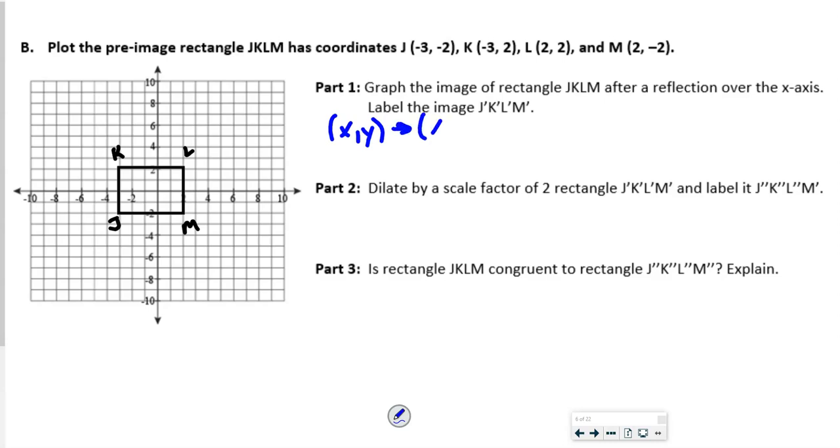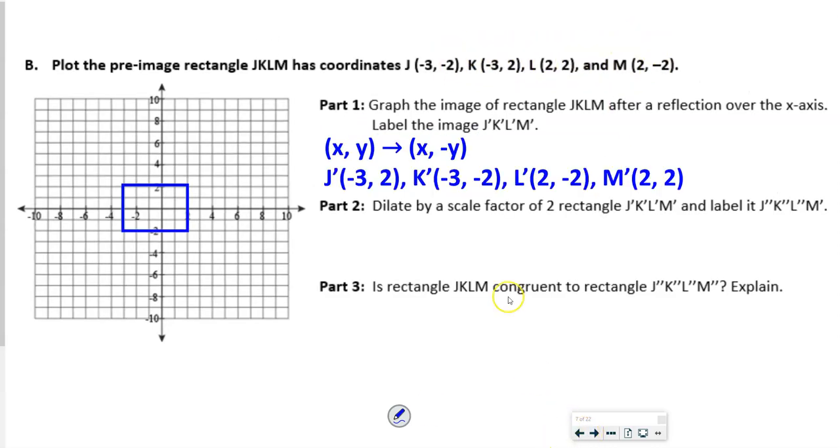So this is going to be x, -y. So that just means we're going to change the signs of all these y's, okay? So we did that. We got this -2 became a +2. That +2 became a -2, and so on. So now we have J, K, L, and M prime, right?